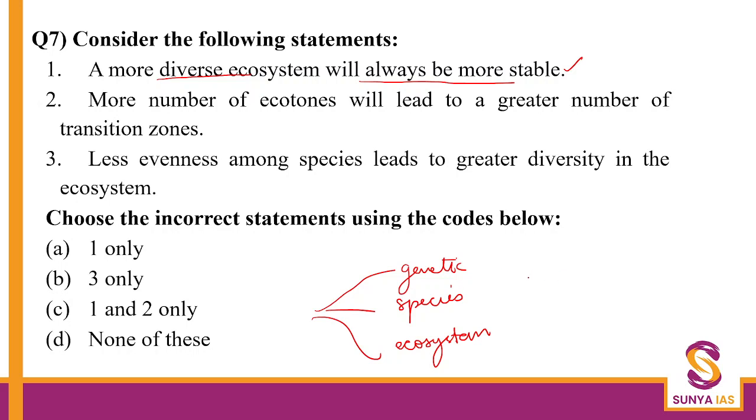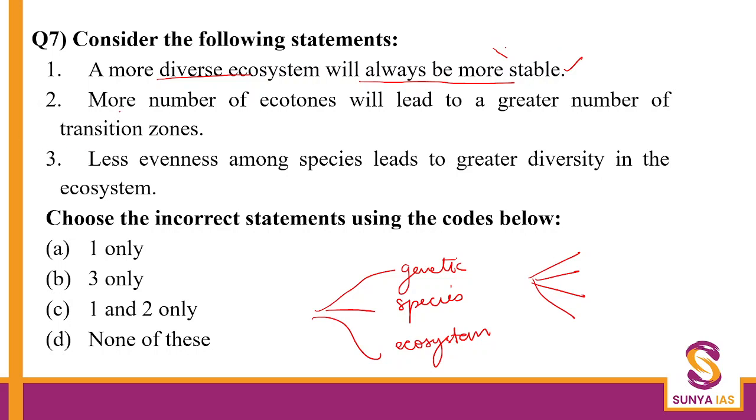Because of this, there will be multiple species present and they will be able to withstand the changes in temperature, etc. Right? So yes, this will be more stable. Now if you think the opposite, if the system is not at all diverse, let's say it has very few species and very less varieties, what will happen in that case? It will not be stable at all. Any changes which are happening outside, it is going to be threatened by it. So one is absolutely correct.